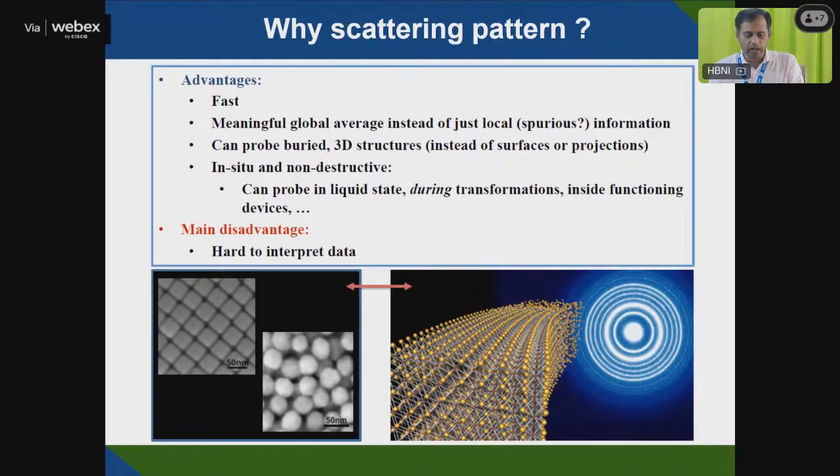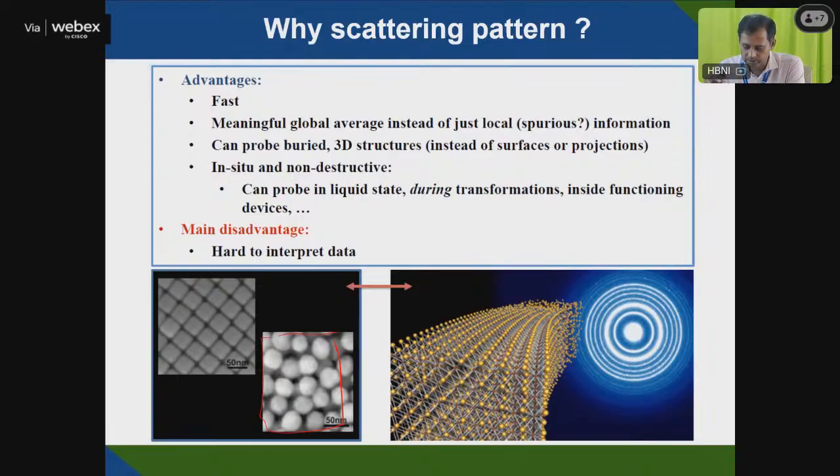For SEM or TEM you only see the particular area the microscope focuses on. But in scattering, the whole system gives the scattering pattern, and from there you interpret using various software to get meaningful results.